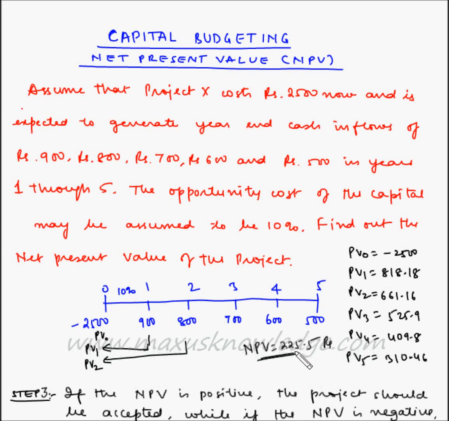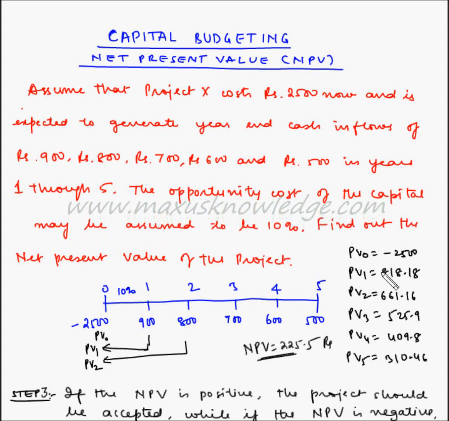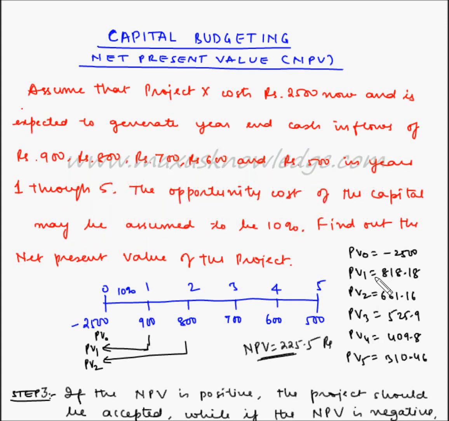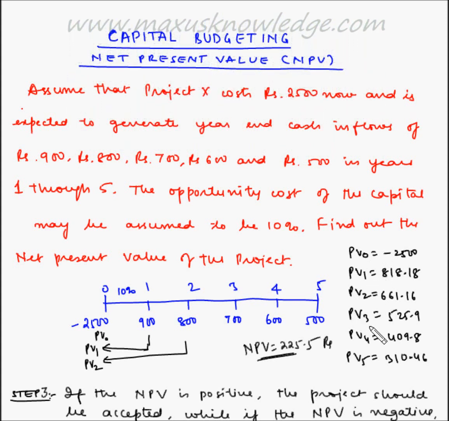So if we get a positive NPV value, that means the inflow is more than the outflow. So if inflow is more than the outflow, that means the shareholders' wealth would increase and the project is going to be profitable.